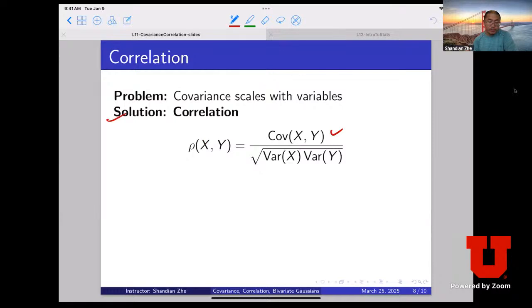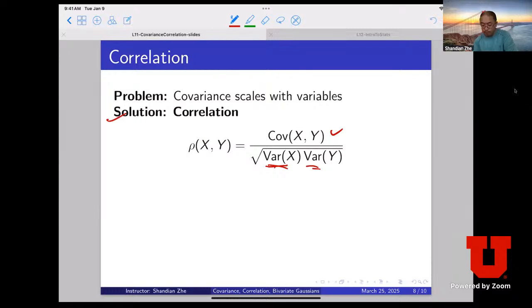We just normalize the covariance by the square root of the product of their variances. So you divide the covariance of x and y by the square root of the variance of x multiplied by the variance of y.